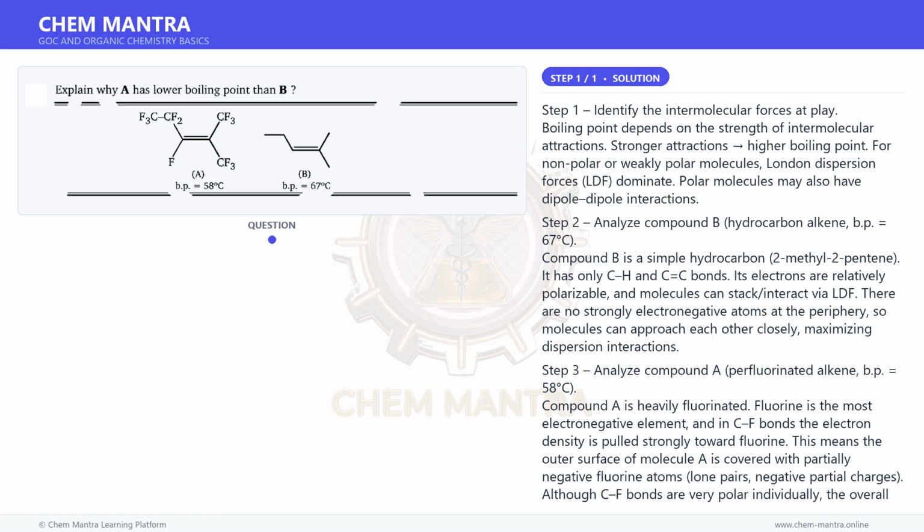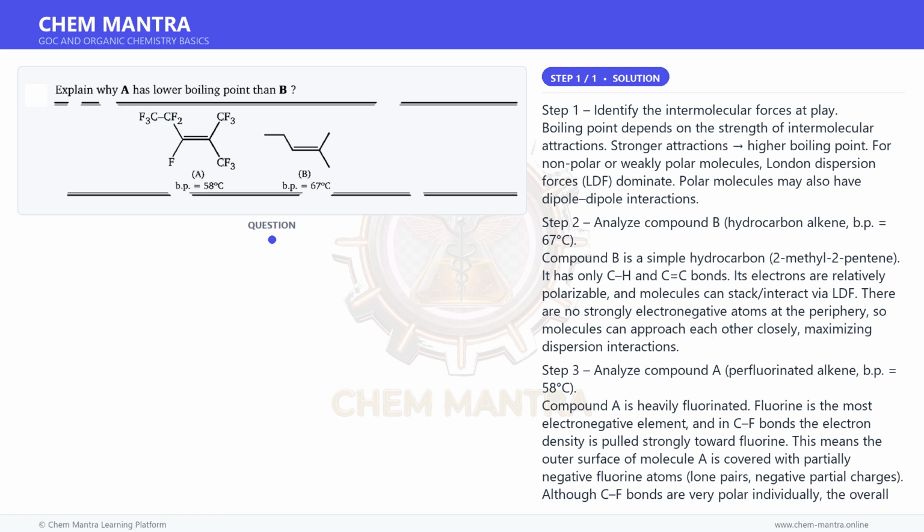Step 4. Explain why F atoms reduce intermolecular attraction. When molecules of A approach each other in the liquid phase, the negatively charged fluorine atoms on one molecule repel the negatively charged fluorine atoms on the neighboring molecule. This intermolecular repulsion between the δ-negative F atoms prevents molecules from getting as close to each other as hydrocarbon molecules can.